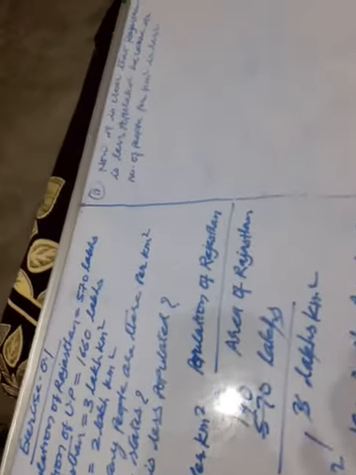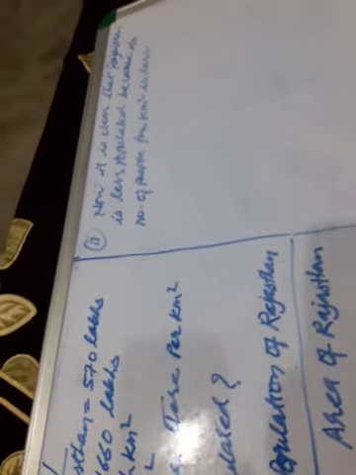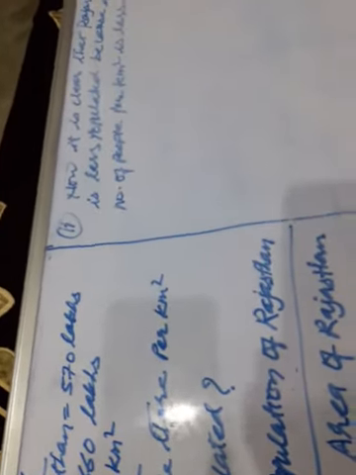That is, its population density is less than UP. That's why Rajasthan is less populated. Okay, children. Now let us go to the next segment of the chapter.